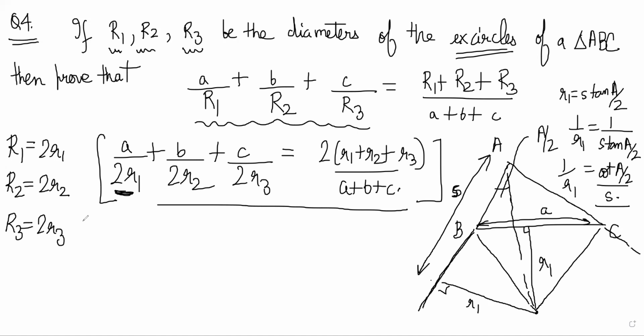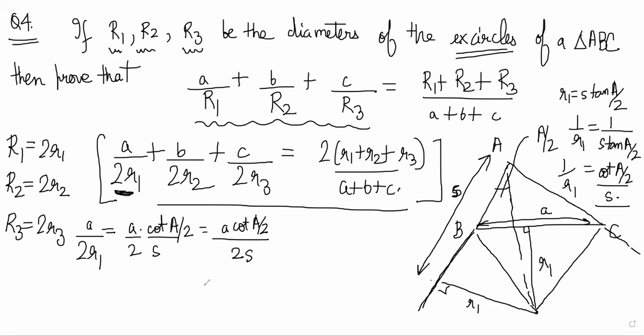So if I do A by 2r1, that is A by 2 into 1 by r1, which is cot A by 2 by s, right? Correct. So it is A cot A by 2 by 2s, right? Yes, sir. So that is my A by 2r1. So similarly, B by 2r2 would be B cot B by 2 by 2s, right?